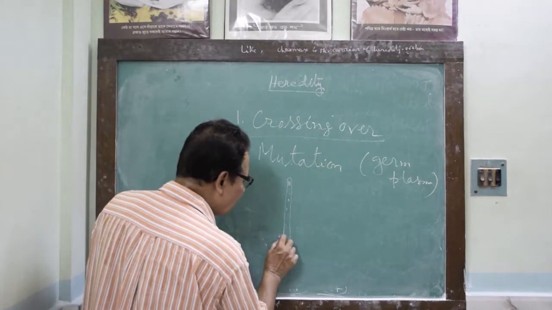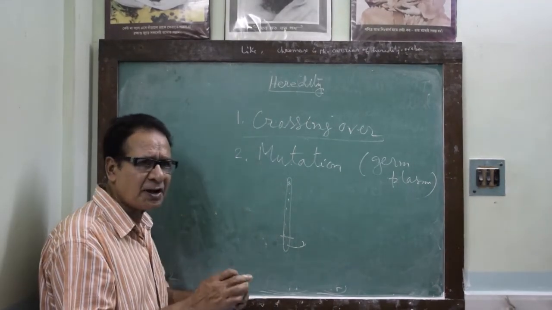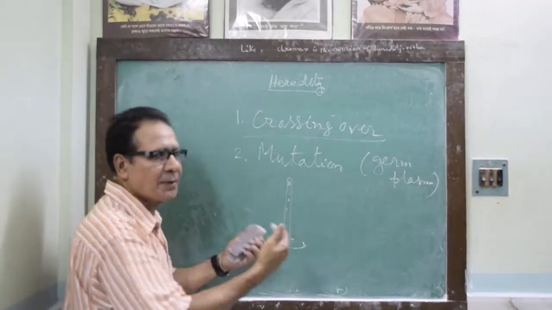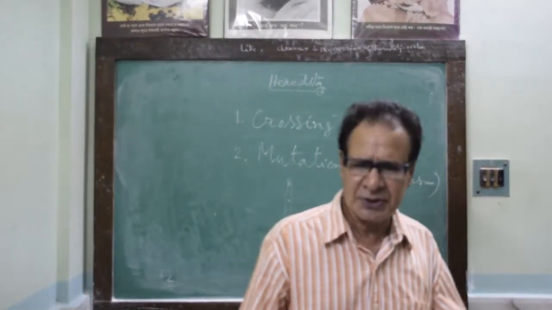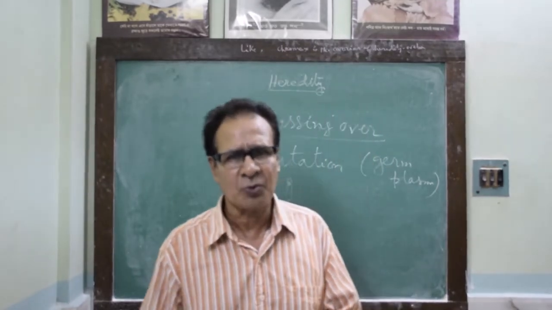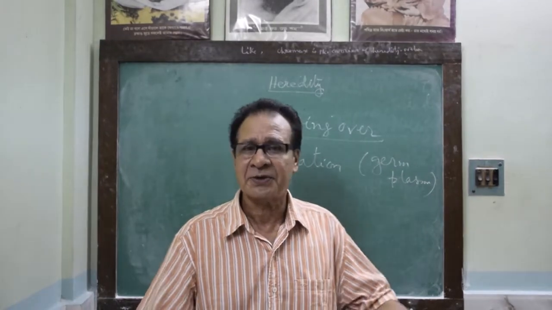By any means, any part of this chromosome gets detached and removed from it, and then the shape changes. Similarly, the number also changes. For example, in the human body there are 46 chromosomes in each cell. It may be 47, 45, etc.